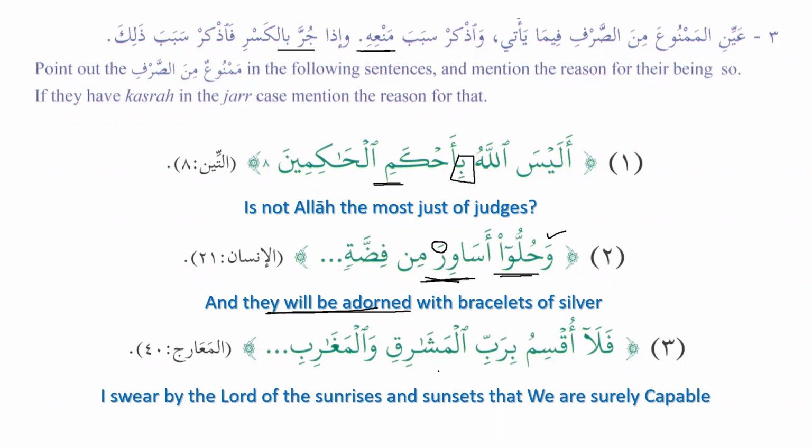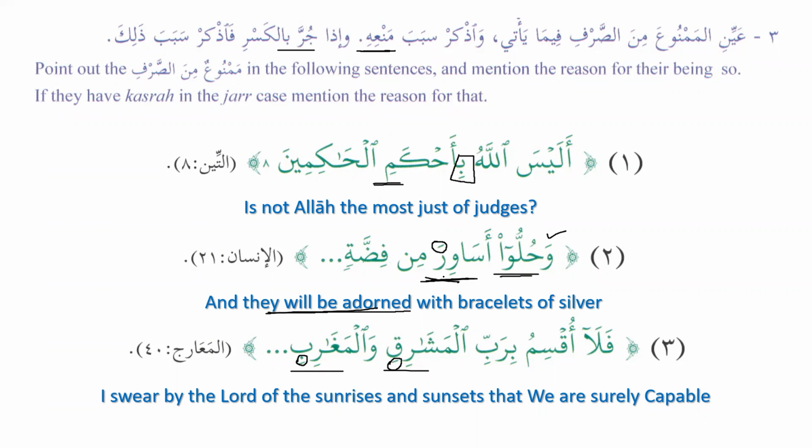فلا أقسم برب المشارق والمغارب. Yes. Mashariq, magharib. Yes, but because it has al, that's why it has accepted kasra. But here, asawir, why is there no kasra over here? Wa hullu asawira, right?